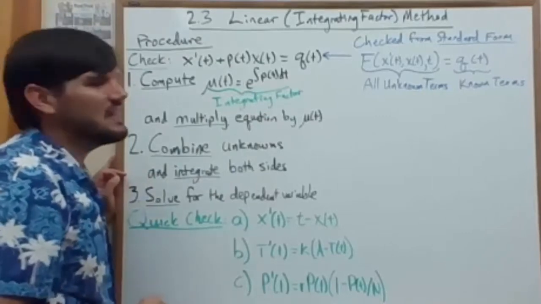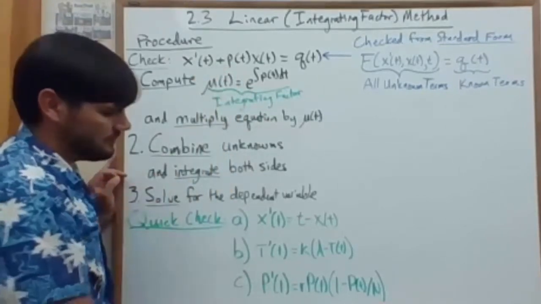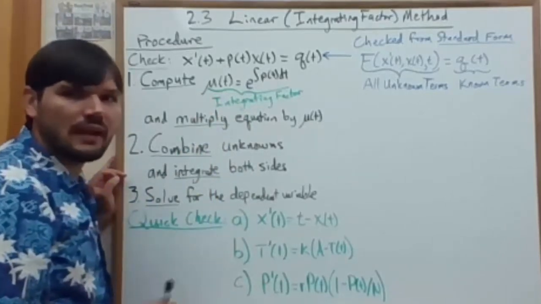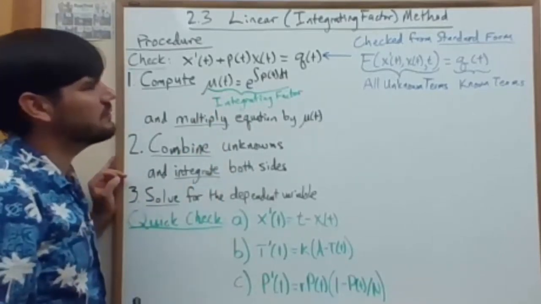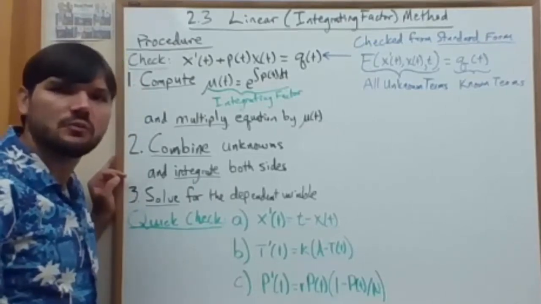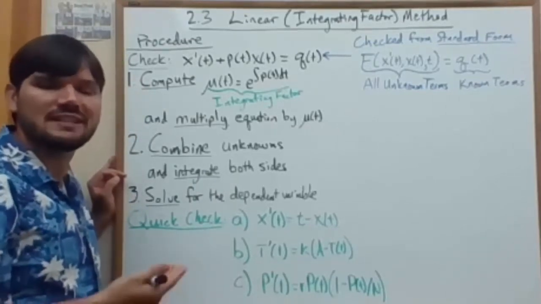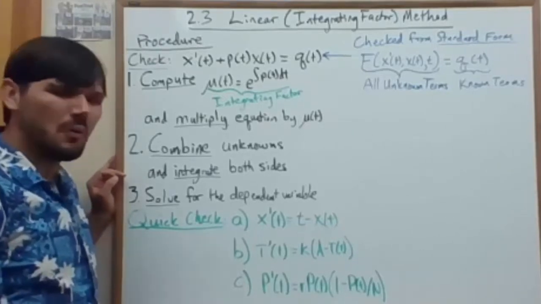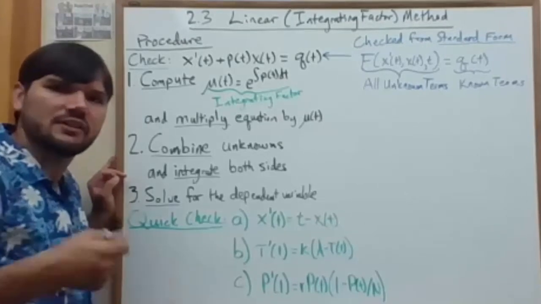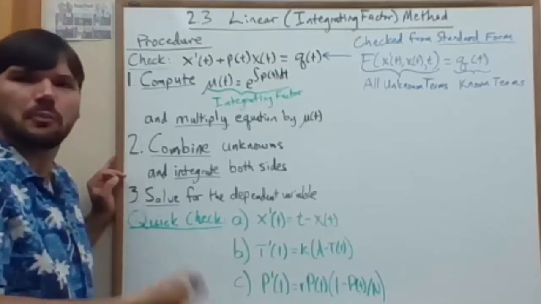To compute it, you take the p of t function, you integrate that function of t, and then you exponentiate what's left over. Now, that integral will leave you with our integrating constant, which means you'll have an infinite number of these integrating factors. But we actually don't need to know all of them. We only need one integrating factor because it's a helper function.